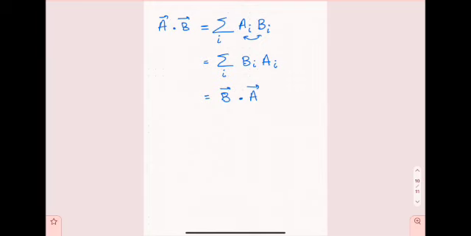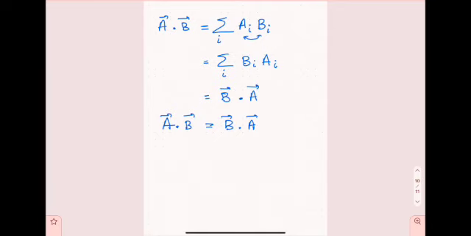So we just proved here that a dot b equals b dot a in the dot product. And this is also a very interesting property of the dot product. It also makes sense because the result is only a scalar, so it shouldn't matter if we have the dot product of a and b or b and a.